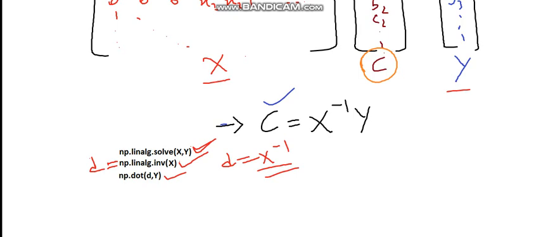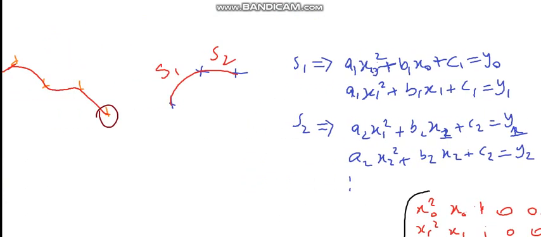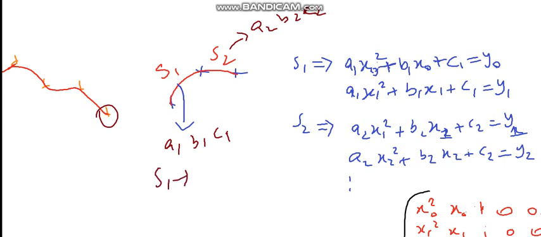So in both ways we can find out C, and the importance is why we need these coefficients. Suppose we have a spline S1, as we already wrote here. So suppose you have S1 and S2 here. For this S1 we have the coefficients a1, b1 and c1, and for this S2 we have the coefficients a2, b2 and c2. Now if you want to find any value on spline S1, we have a1 x square plus b1 x plus c1.